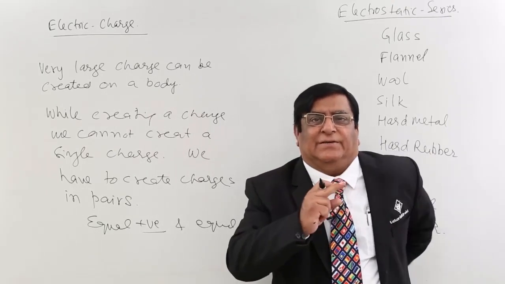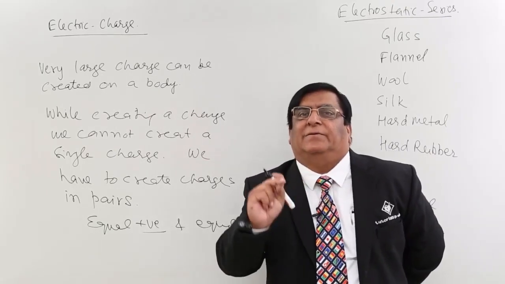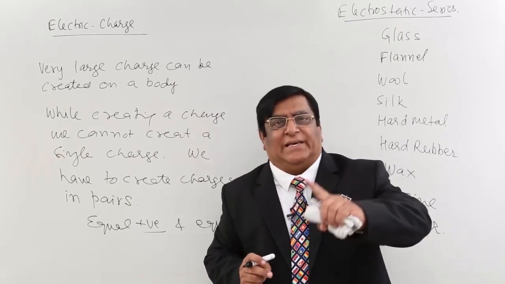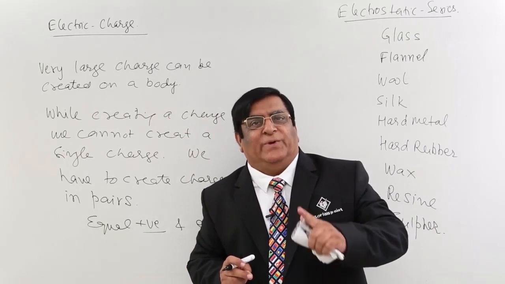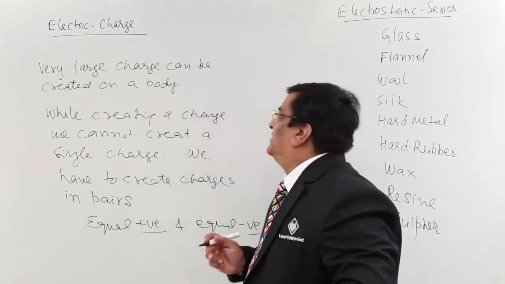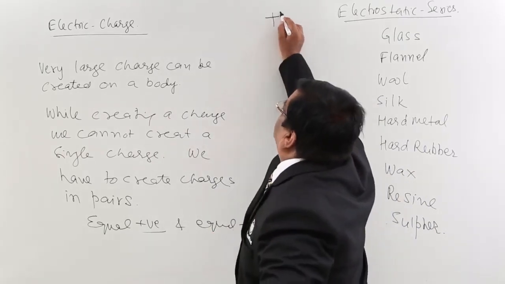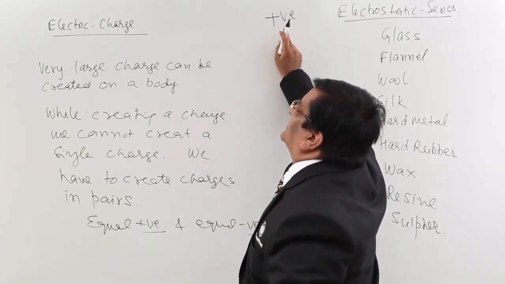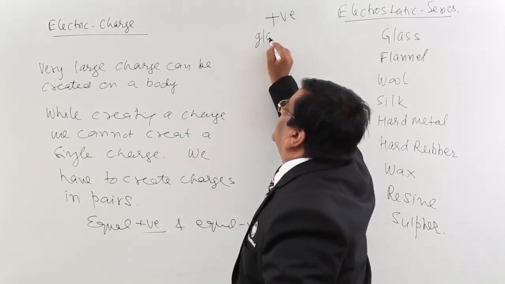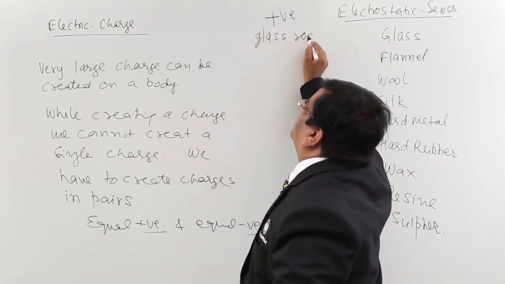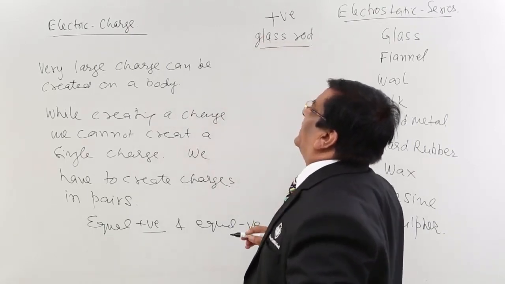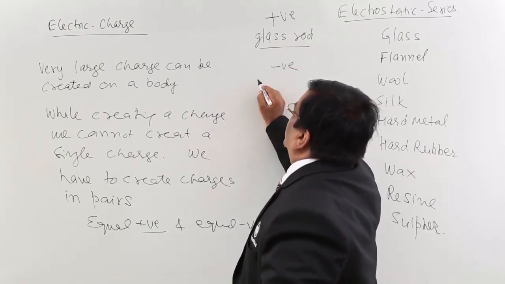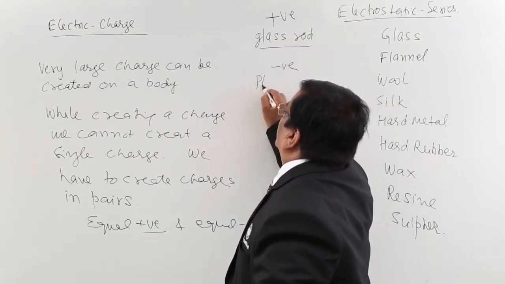First, when we rub a glass and it gets charged, we arbitrarily decided that we will call this charge positive charge. So what represents a positive charge? The charge on a glass rod. Similarly, negative charge is represented by the charge when a plastic rod is rubbed.